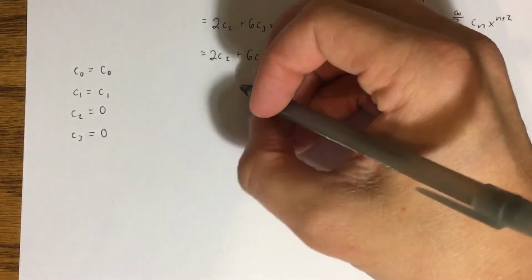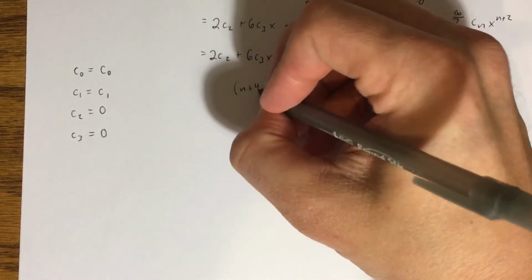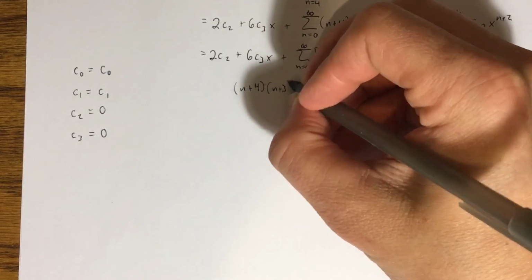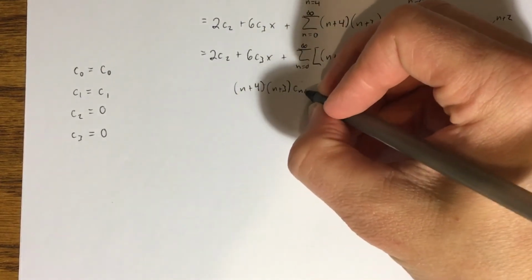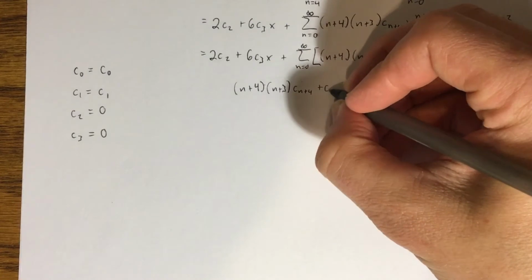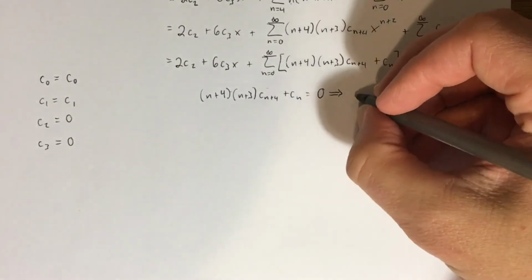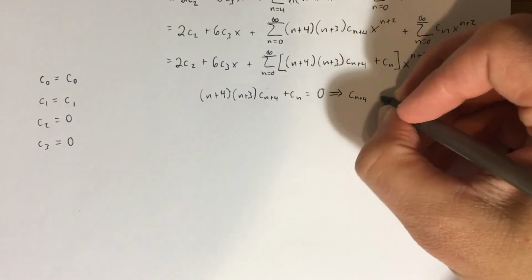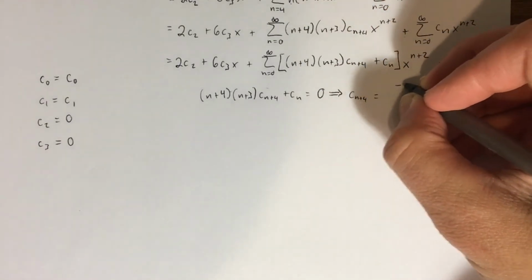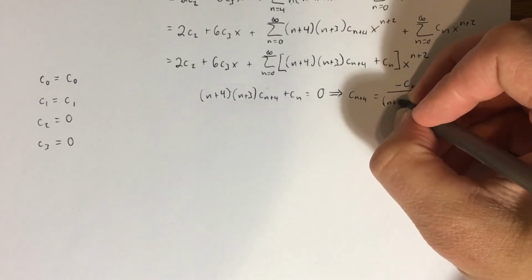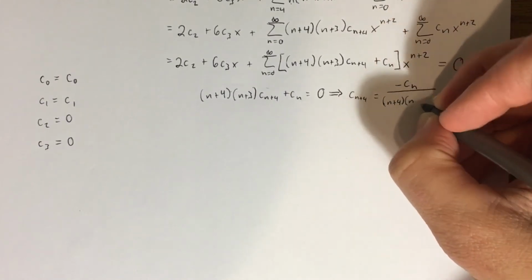So we're going to pull that out, n plus 4 times n plus 3 cn plus 4 plus cn equals 0, and that implies that cn plus 4 is equal to negative cn over n plus 4 times n plus 3.